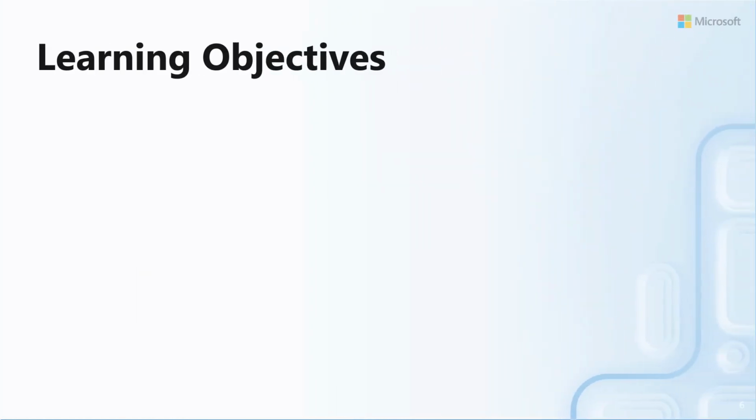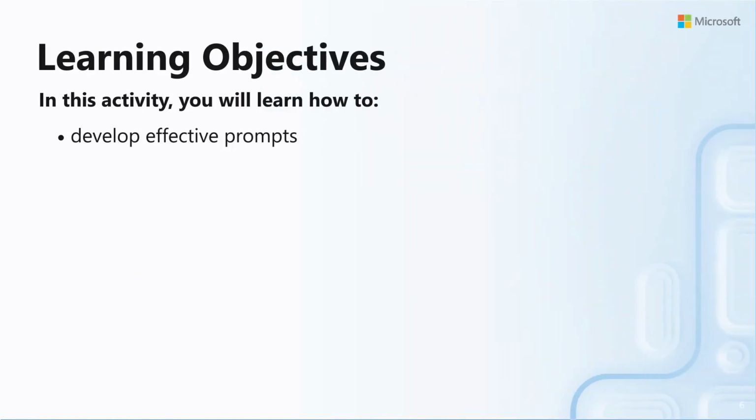By the end of this activity, you will be able to develop effective prompts that maximize the functionality of Copilot for data analysis. You will learn how to create clear and concise prompts by defining your goals and providing necessary context.